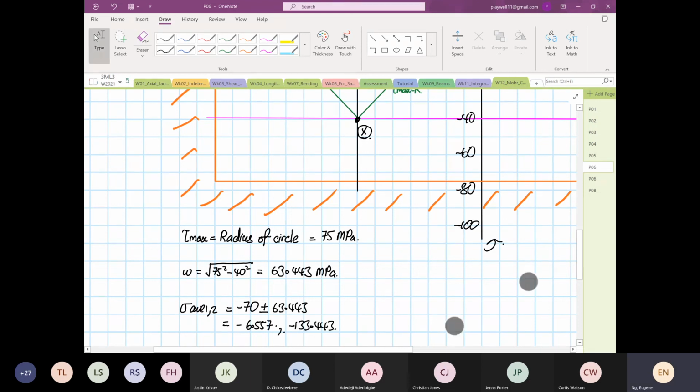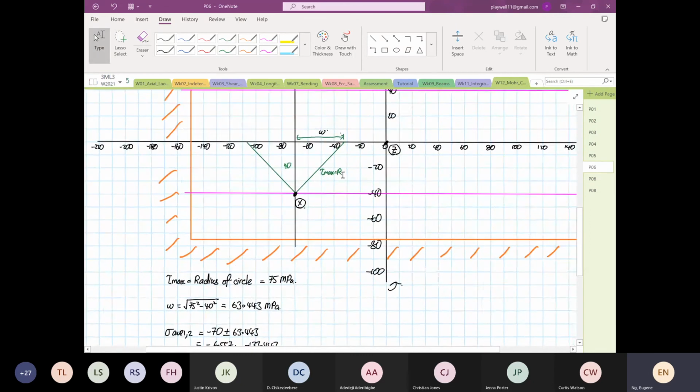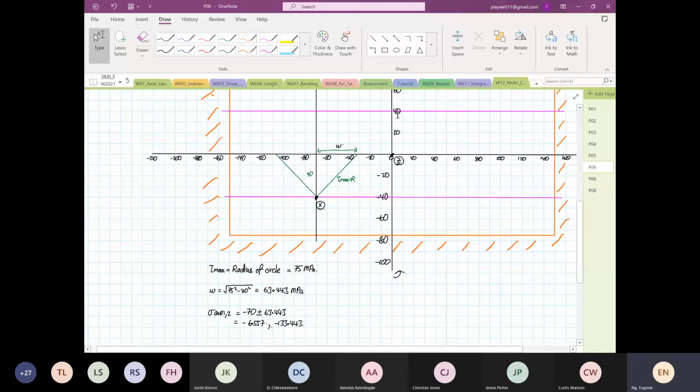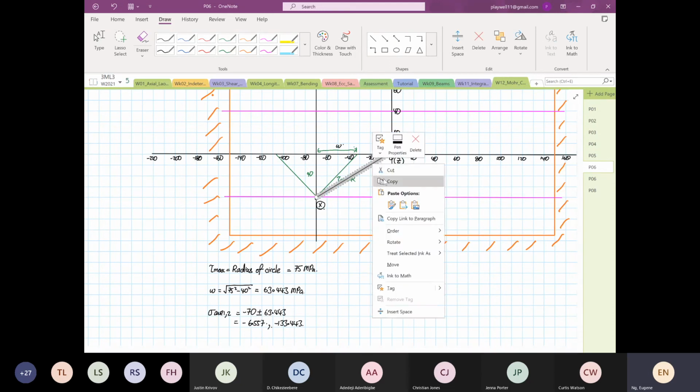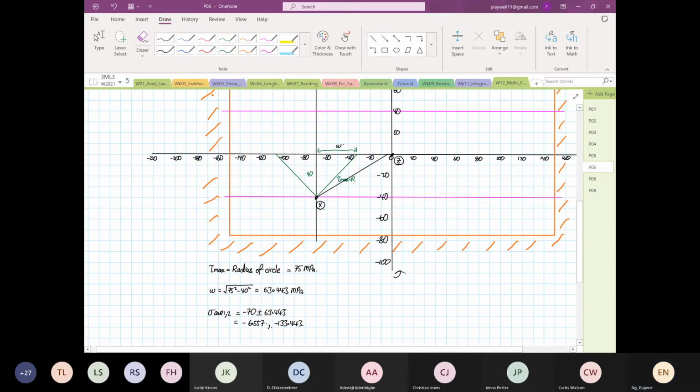So we found where our stress average is. I'm not going to wipe that out, I'm going to leave it so you can learn. So one of the averages is minus 6.557. This is just eyeball. Then the other one, I just flip.